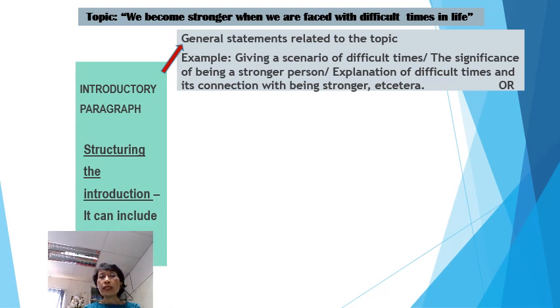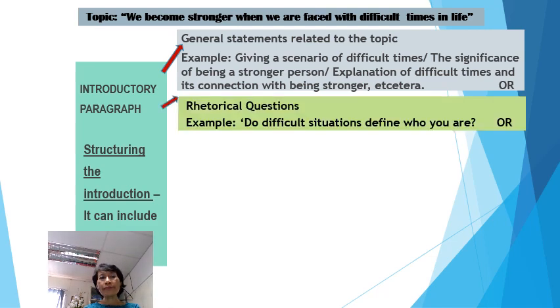When you talk about difficult times and becoming stronger in your lead-in, it's good for you to link the two, to show the examiner that you've understood the task. That brings us to the next statement, the explanation of difficult times and its connection with being stronger, and so on and so forth. That would be the very first method for you to start off your essay, or the lead in.